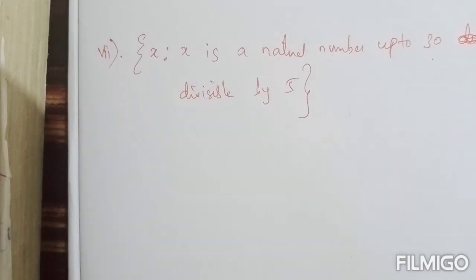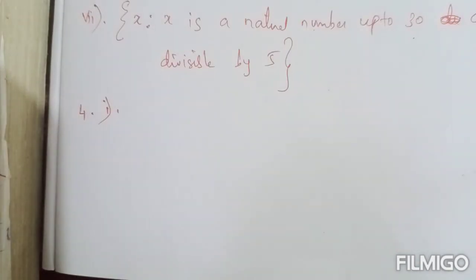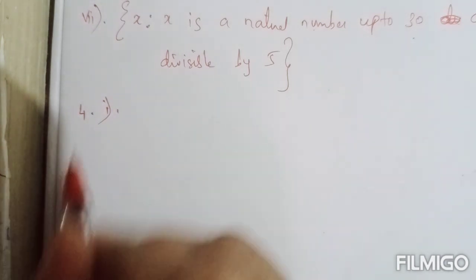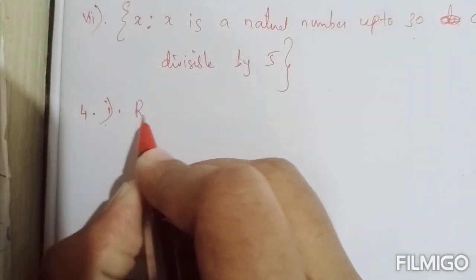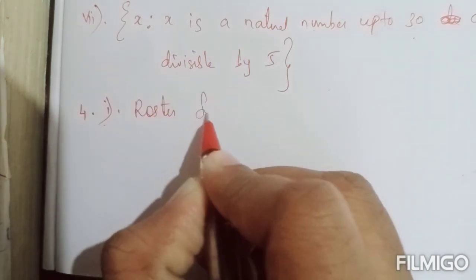Okay. 4th question, write each of the following set in roster or tabular form and also in set builder form. So in both roster form and set builder form you have to write. First one, set of all natural numbers that can divide 24 completely. So first let us write in roster form.